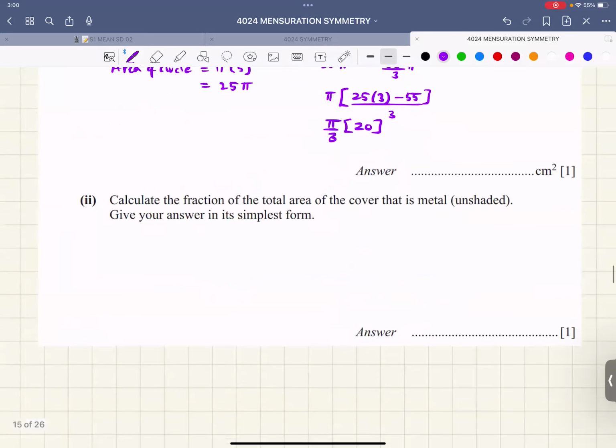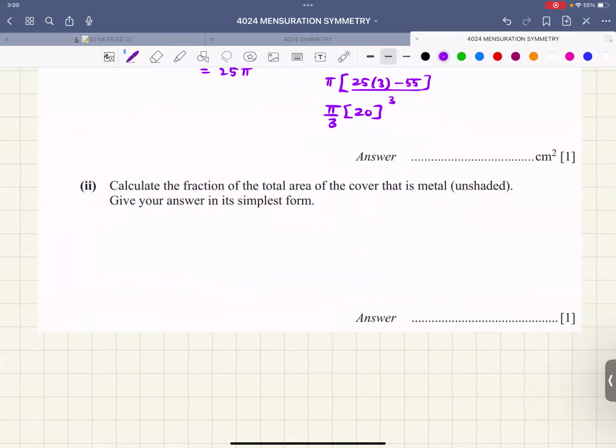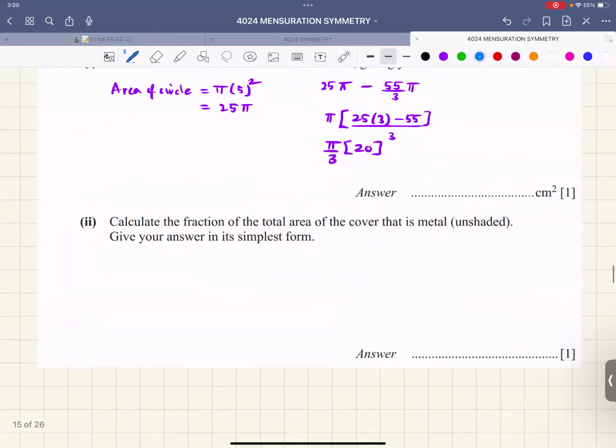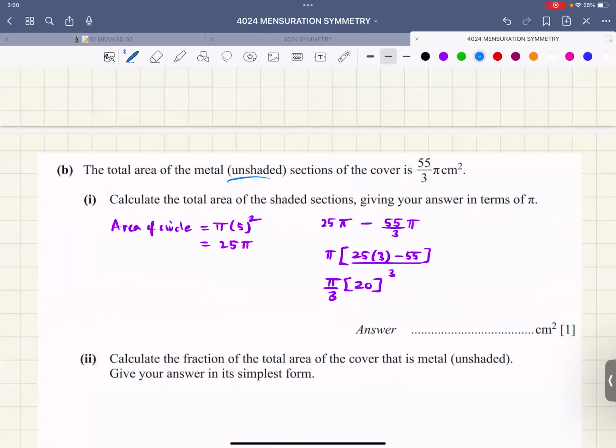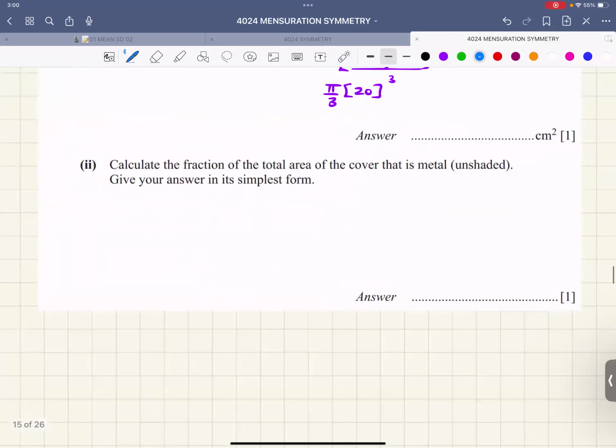Now it says, calculate the fraction of the total area of the cover that is metal. Give your answer in the simplest form. So metal is unshaded. That is 55 over 3 pi. So 55 over 3 pi divided by the total area, that is 25 pi.